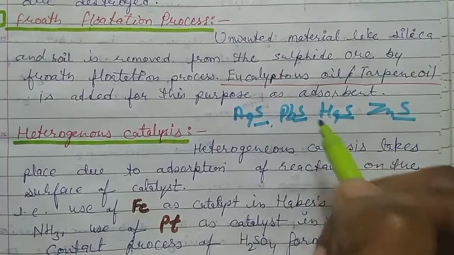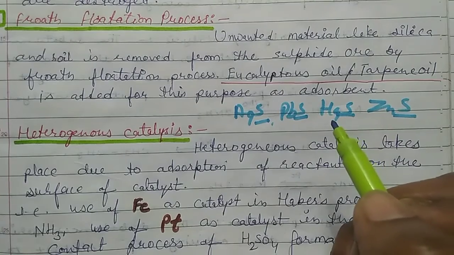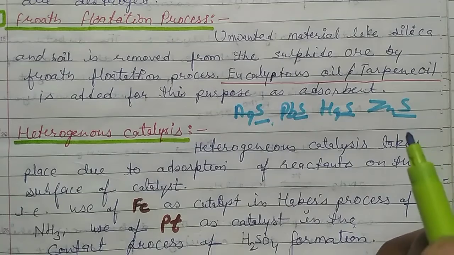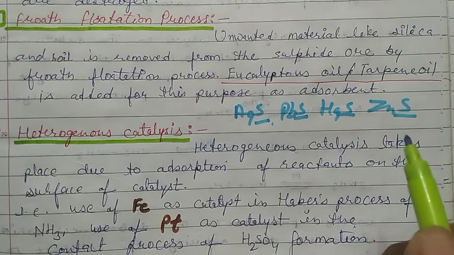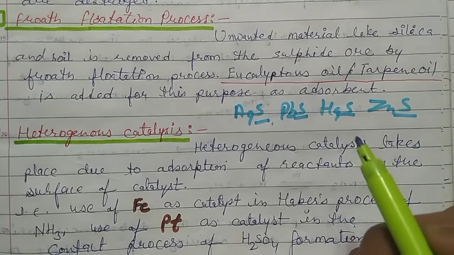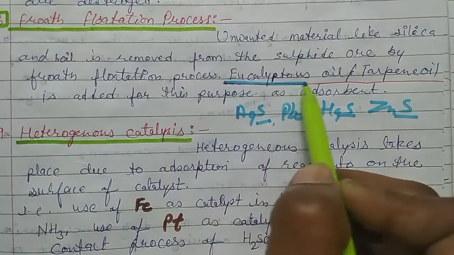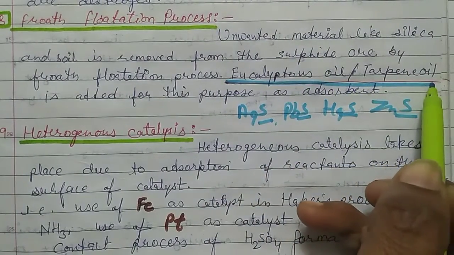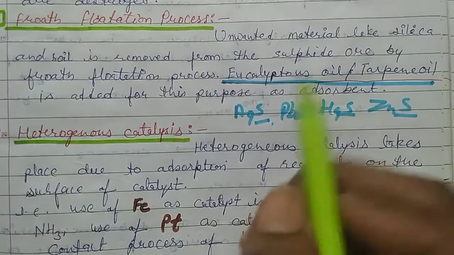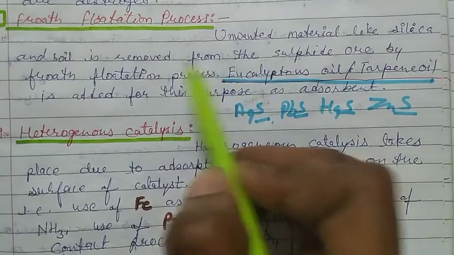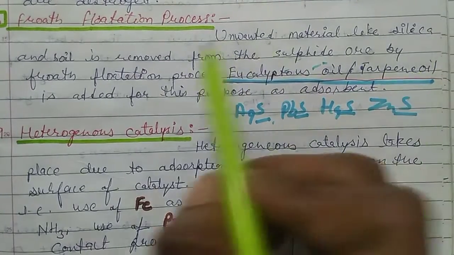In these sulfide ores, many sand-like impurities are present, and some impurities are not soluble in water. To remove these impurities, we use eucalyptus oil or turpentine oil, which adsorbs the silica or unwanted soil impurities from the sulfide ore.